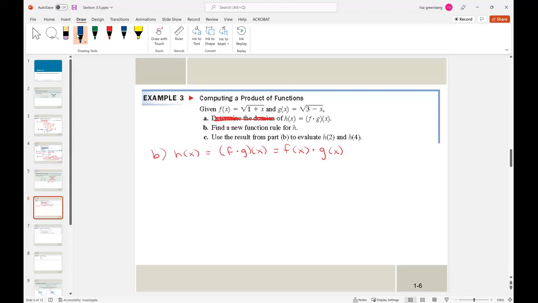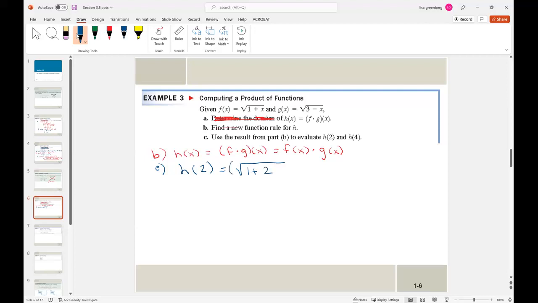Okay. So C, we want to evaluate h of 2 and h of 4. So all I'm really going to do is h of 2, and I'm going to stop doing that different color thing, because I think at this point you should have it. f of x is equal to the square root of 1 plus x, but x is 2, right?